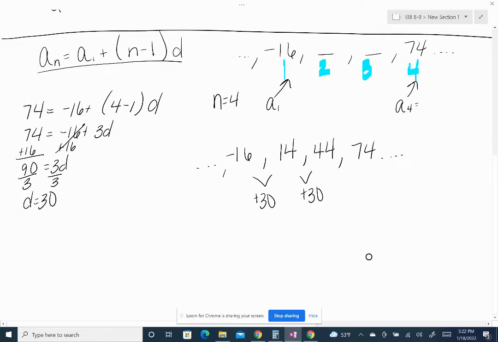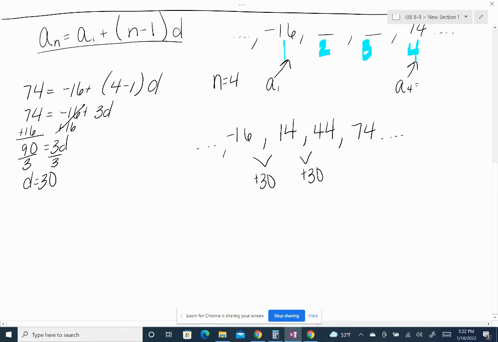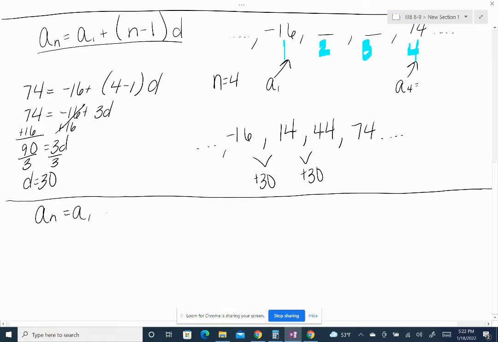Okay, so let's take a look at another problem. I'm going to write the equation at the top once again, just so we have an idea of what we know and what we're solving for. Here's another set of problems.